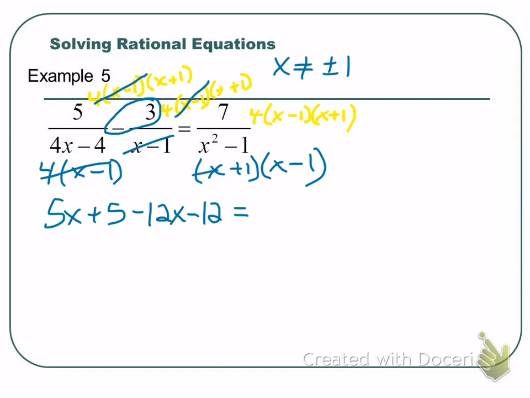And in the last term, we have the x plus 1, x minus 1's canceling, and I'm left with 7 times 4, which is 28. All right, so 5x minus 12x is negative 7x minus 12 equals 28.